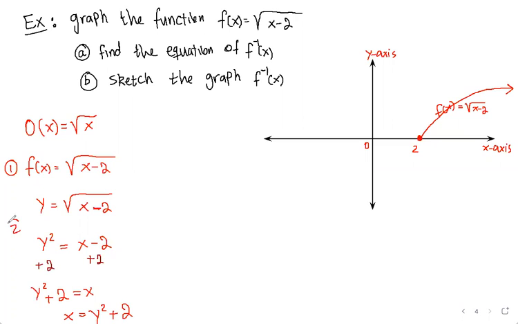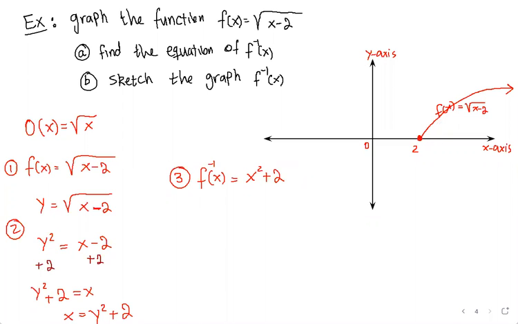This is the second step. Third step, change x to f inverse of x and y to x, so f inverse of x equals x squared plus 2. Here, because of the domain, what is the domain for the original? The domain for this one is from 2 to infinity.